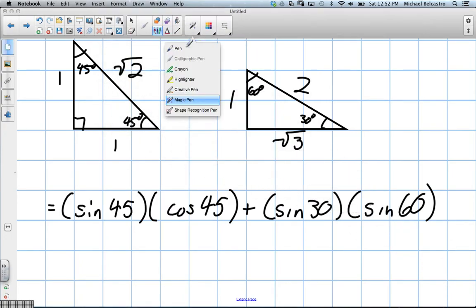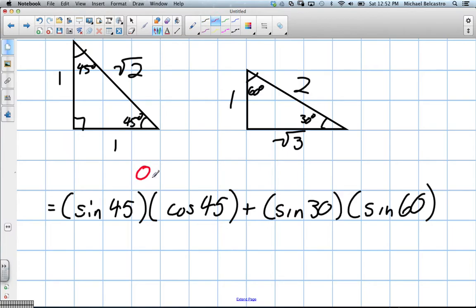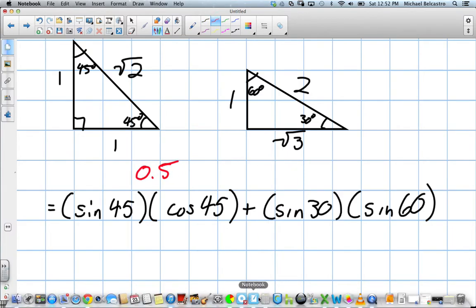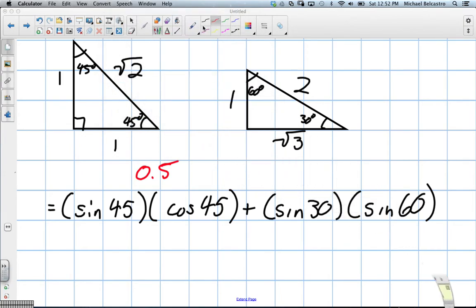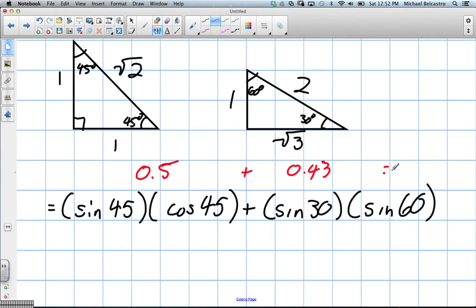Oh, actually this one's going to give us a great answer. So we know that these two are 0.5. And then we set up sine 30 multiplied by sine 60. That's 0.433, and when we add those together, it looks like we're going to have roughly 0.93 something, assuming that calculator did everything right.